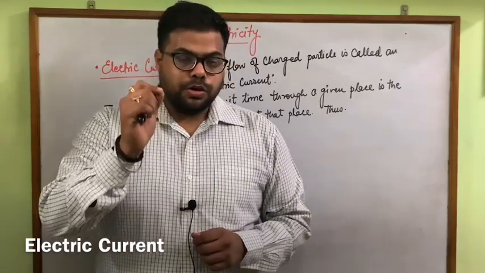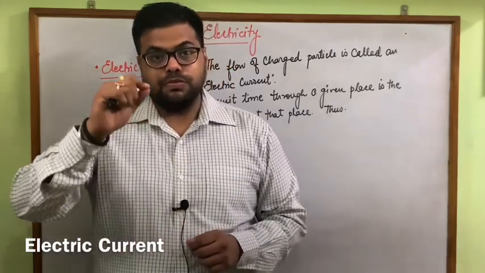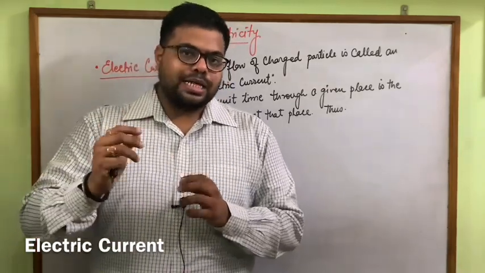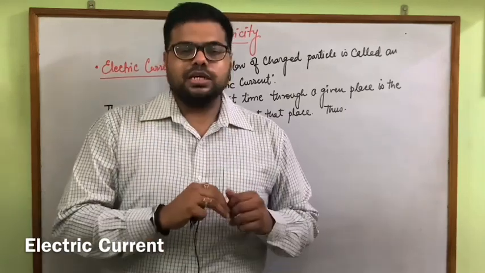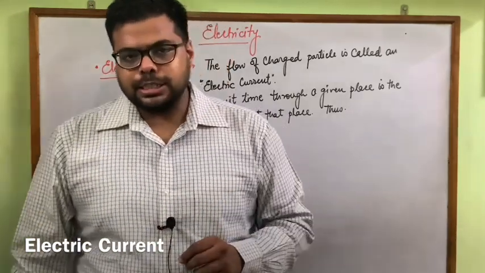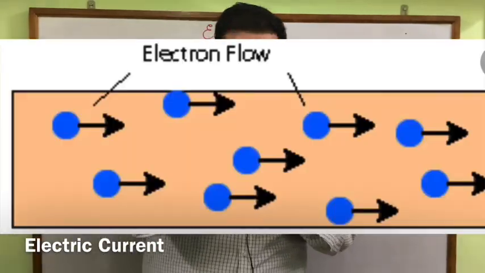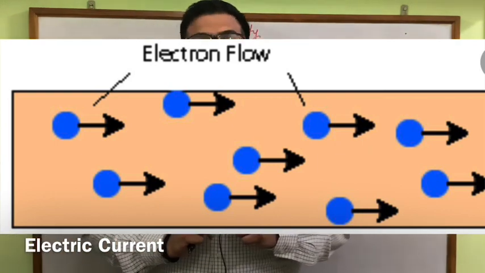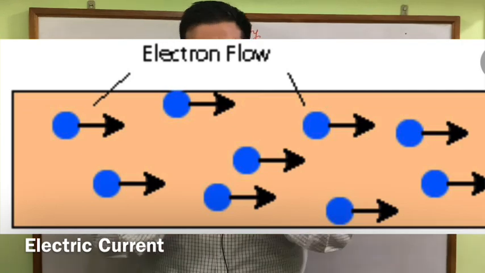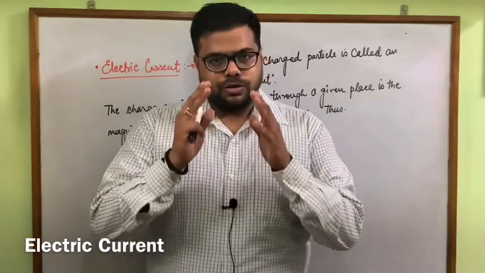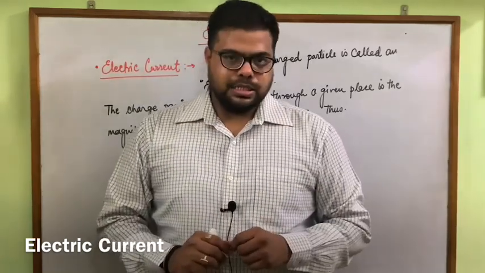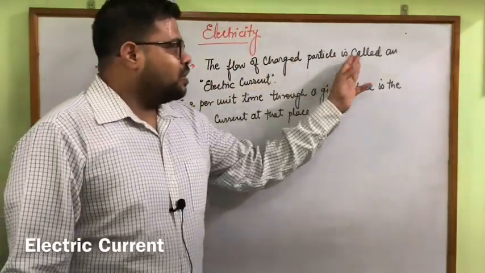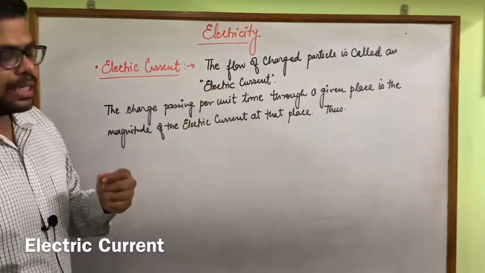In a river it is called water current, and for blood it is known as blood current, when it is flowing continuously. Likewise, when electrons are continuously passing inside a metal or electric conductor, it constitutes electric current. So the flow of charged particles is called electric current.